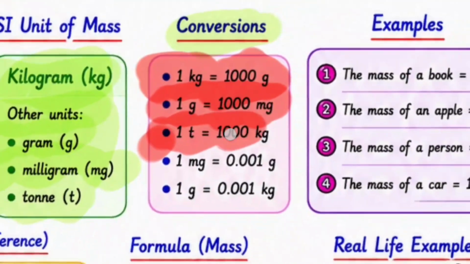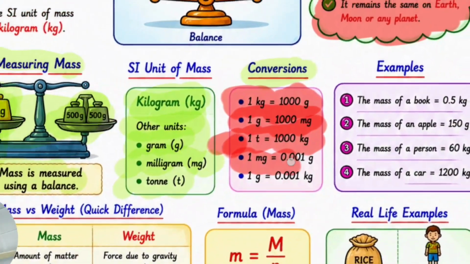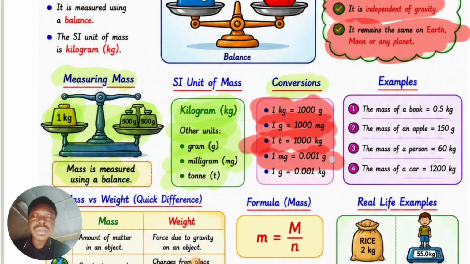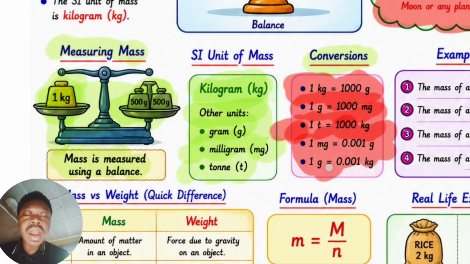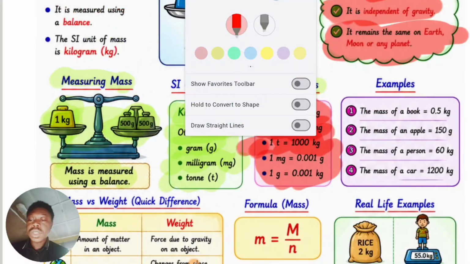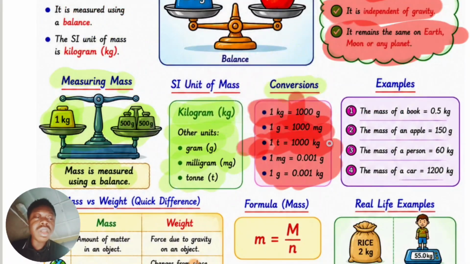And then 1 ton will give you 1000 kilogram, and 1000 kilogram will give you 1 ton. And then 1 milligram will equal 0.01 gram, and 0.01 gram will give you 1 milligram, and then 1 gram will equal 0.01 kilogram. Understand this concept and understand mass.